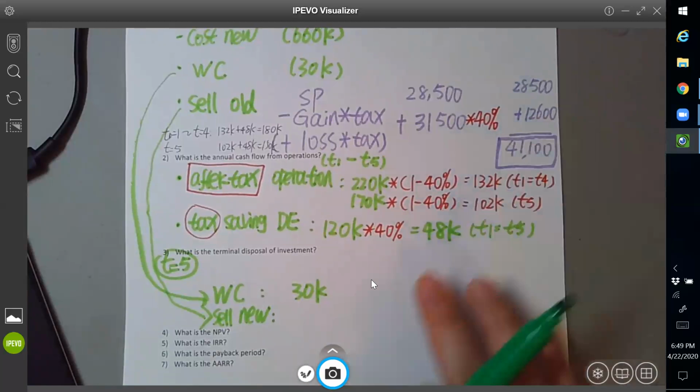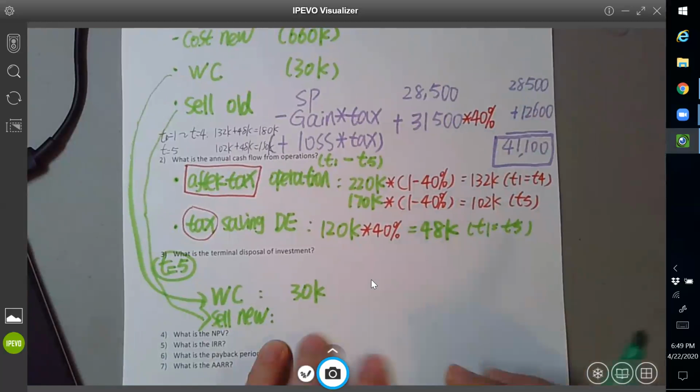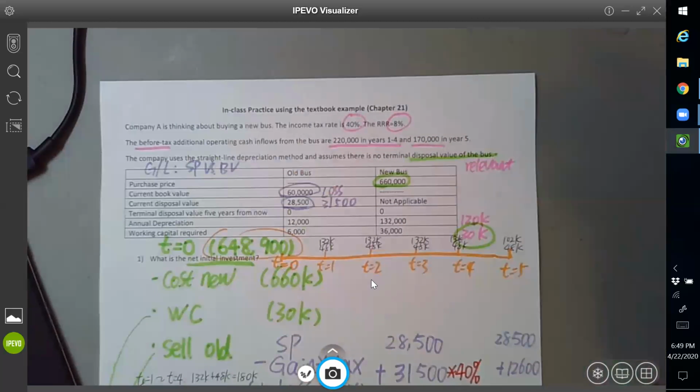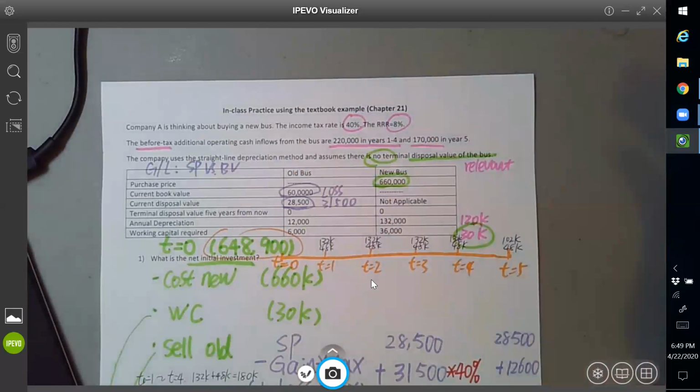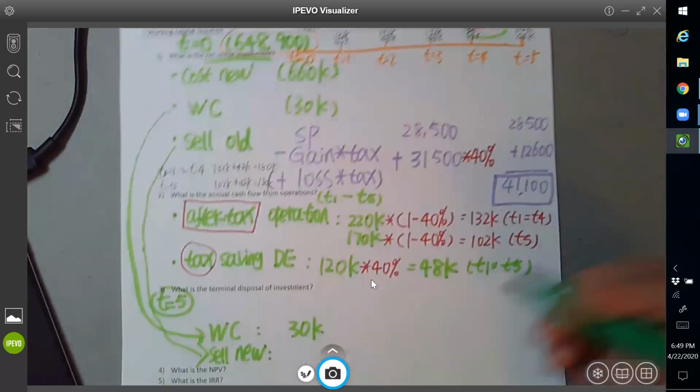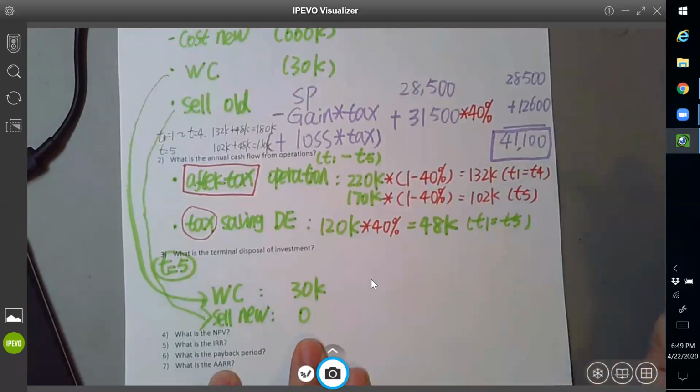But for this question, it's easier because at the end of the project, disposal value is 0, and we don't have any book value, so it is 0.